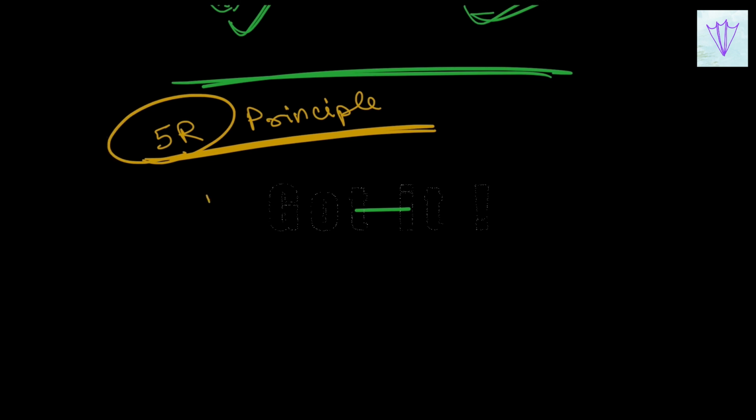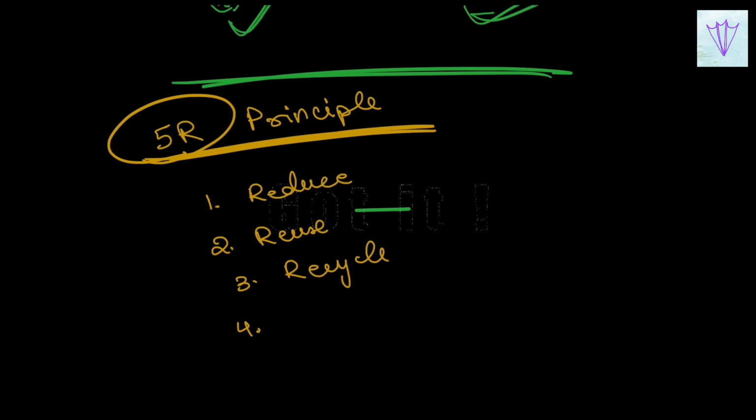The 5Rs are: the first one is reduce, second one is reuse, third is recycle, fourth is recover, and the fifth is refuse.